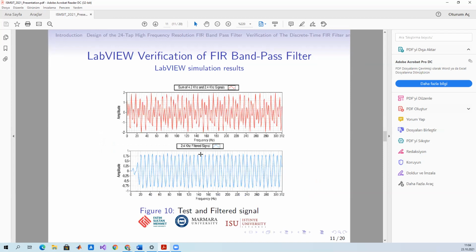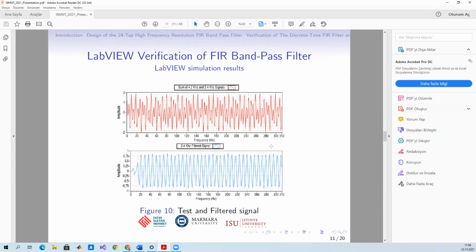The LabVIEW simulation results show which signals are suppressed and which pass through the designed filter. So this is the input signal, which is the sum of two signals, and the filtered signal, because we chose the 2.4 kilohertz signal to pass the filter.